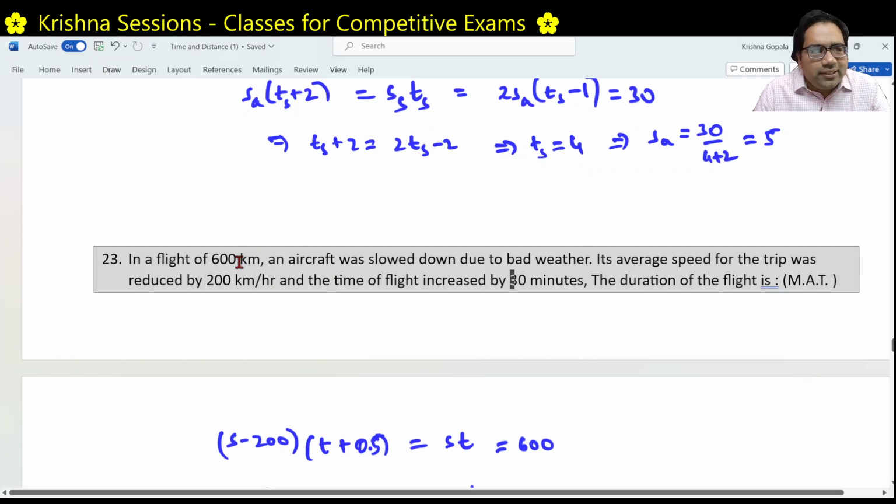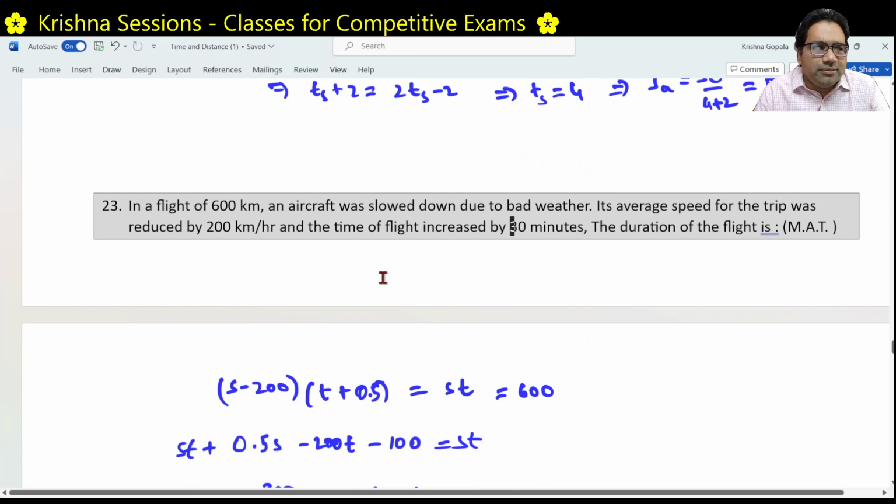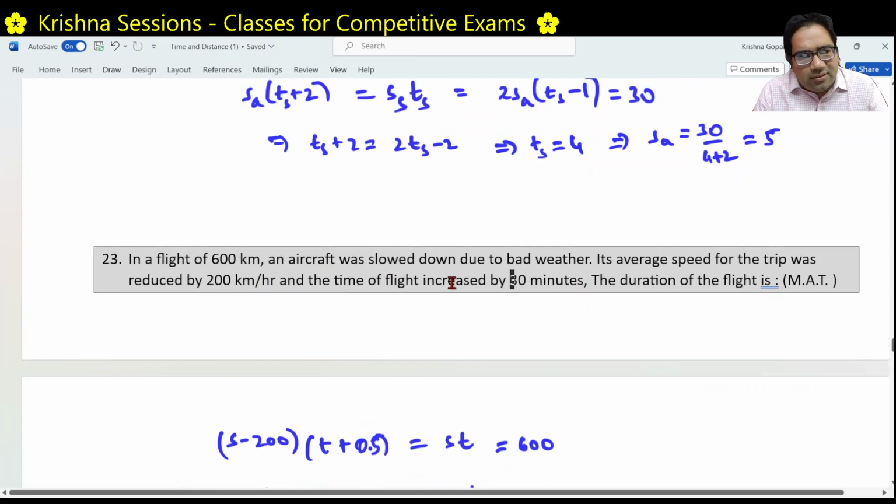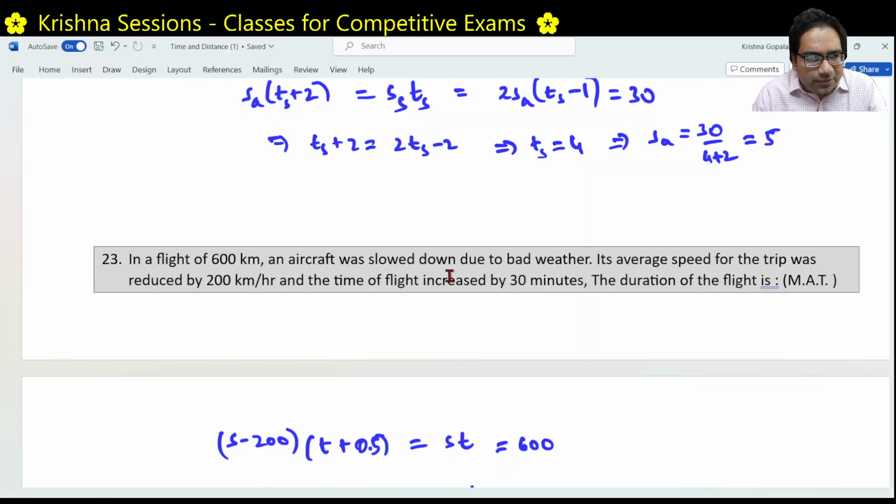Okay. So now what is it saying? Let's assume its normal speed is some s, and its normal time is some t. We don't know what t is. To reach the destination correctly on time, it will need some time t. Let's say the promised flight duration is 1 hour, 2 hours, whatever. With respect to the 2 hours, it should have traveled at, let's say, 300 kilometers per hour, 400 kilometers per hour, whatever.